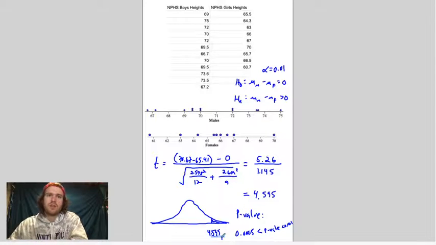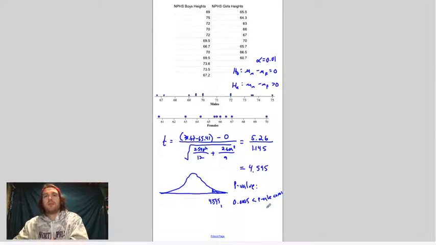And let's do an interpretation for this p-value really fast. Let me get the actual p-value. tcdf, lower value is 4.595, upper value is 1000, degrees of freedom 8. You get a p-value of 0.0008.